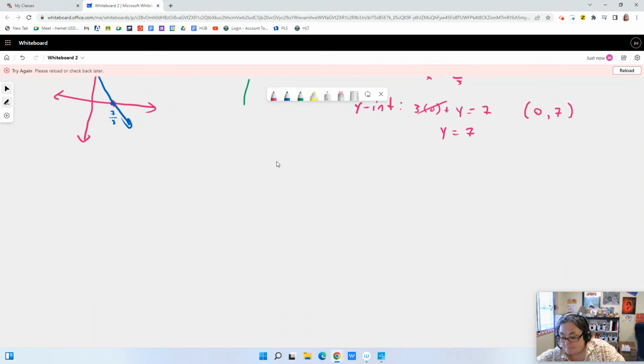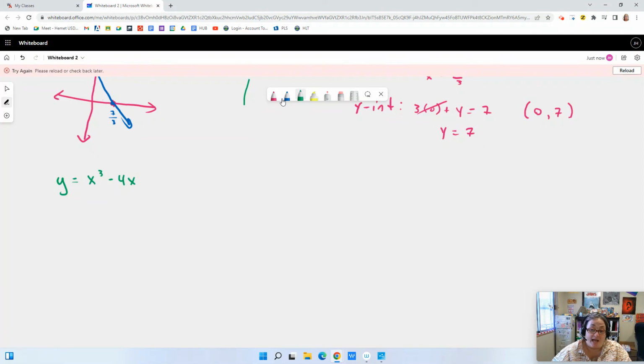So if I have y equals x cubed minus 4x, and I want to solve that using intercepts, I want to find the intercepts.